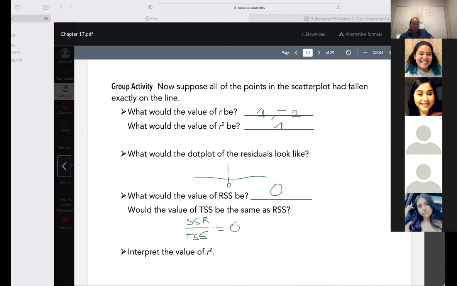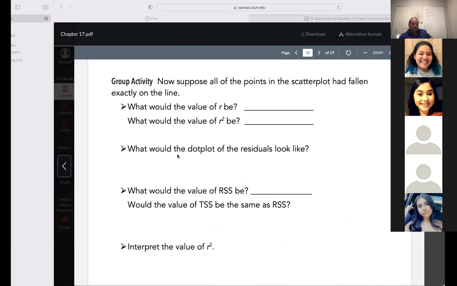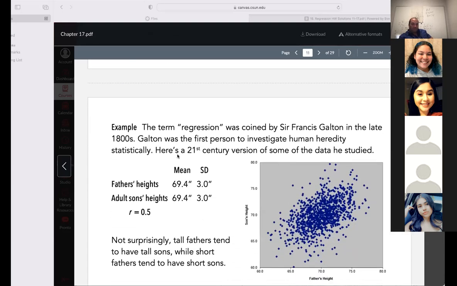You get 0, which is the same thing as 1 minus R squared. So what would R squared be? 1. Well, it's still 1, hasn't changed from the beginning. All right, so this just reinforces why it should be 1 in this particular example. Nothing new, just a reinforcement.